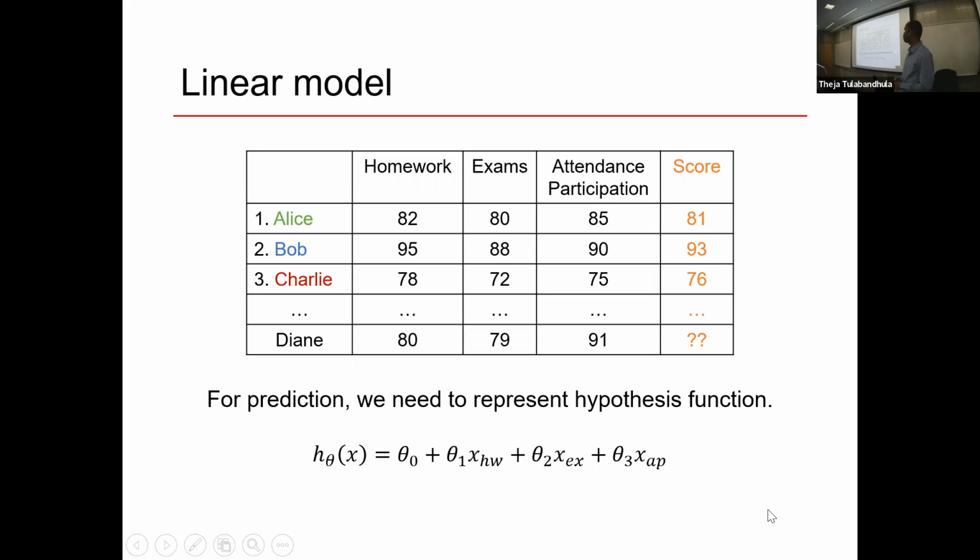Okay, so it's just an element-wise multiplication plus element-wise multiplication and a summation going on. Element-wise multiplication just means, hey, x homework, x exam, and x attendance/participation. Those are three attributes or three features, and they take potentially three different values. Let's say 82, 80, and 85. If you think of the vector, x is a three-dimensional vector, right?